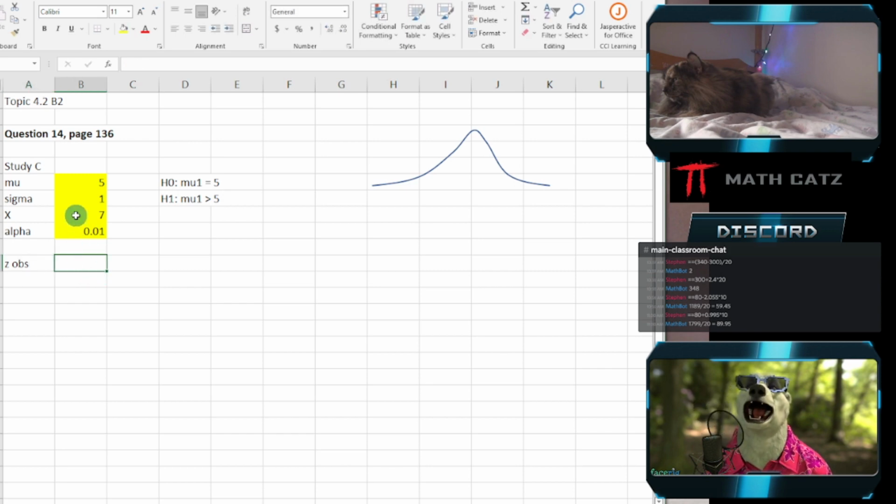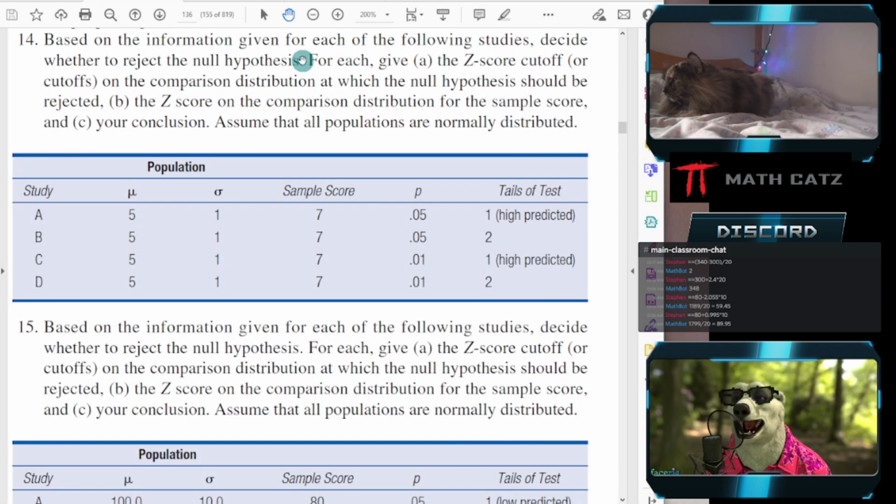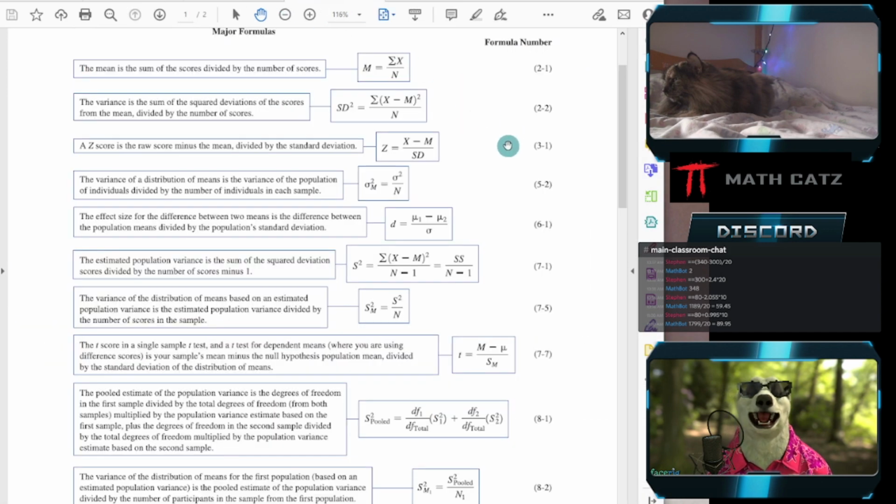So when I have a raw score of 7 and I standardize it, the observed z-score is just the corresponding z-score of that. There isn't the precise formula with the notation, but it's, I guess, 3-1 is the closest, where we use the population values here. The raw score minus the mean over the standard deviation.